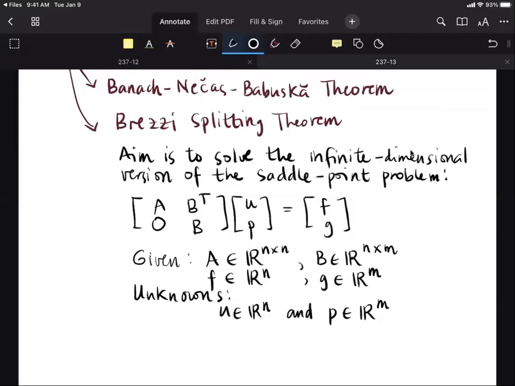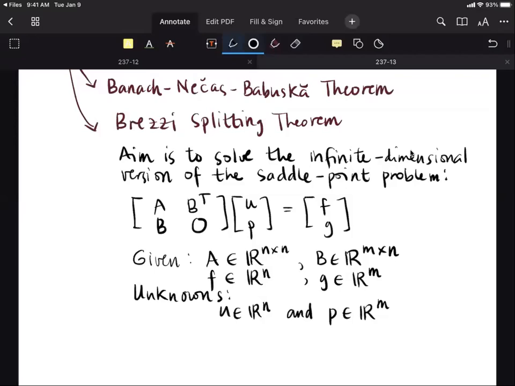I think we need to have here B, 0, and this must be replaced by m by n. So the dimensions now make sense.